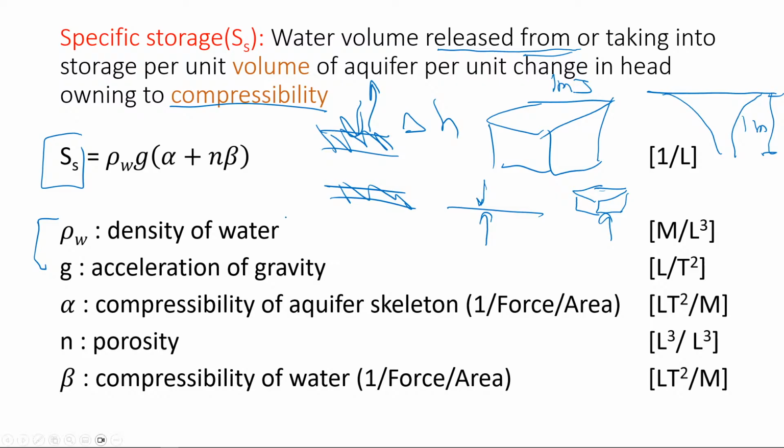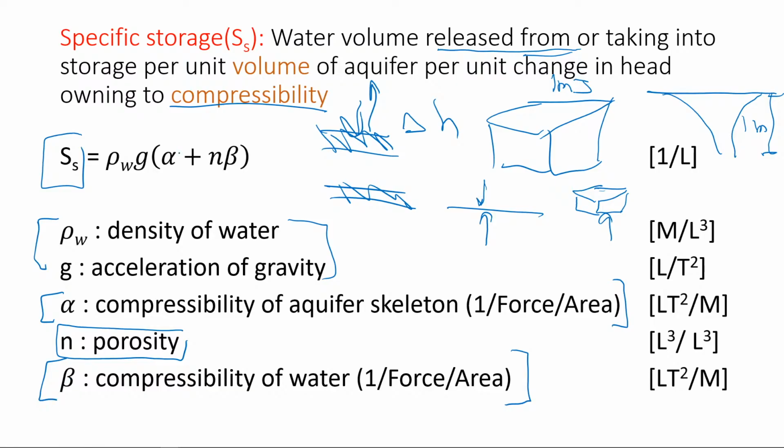Then this will depend on the compressibility of the aquifer skeleton, which is 1 over force over area. That would depend on porosity, and that would depend on the compressibility of the water.